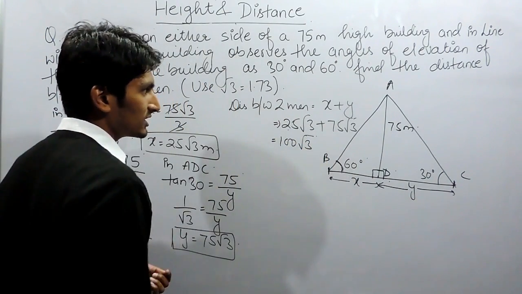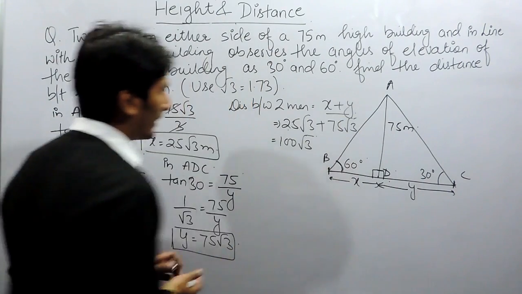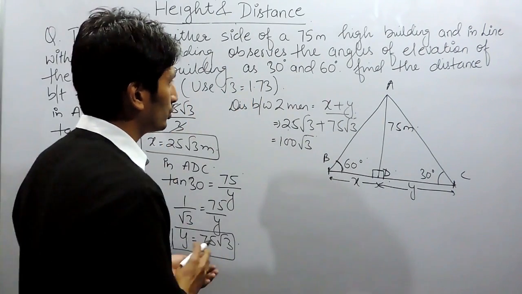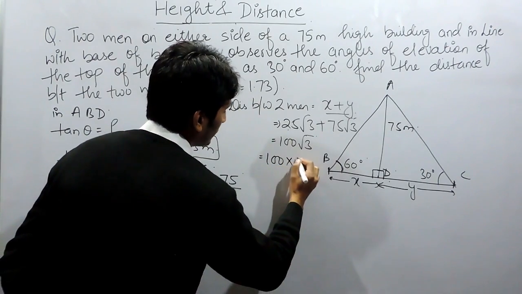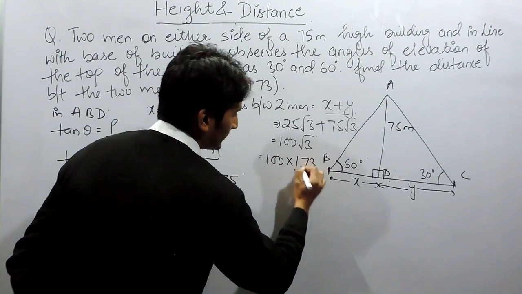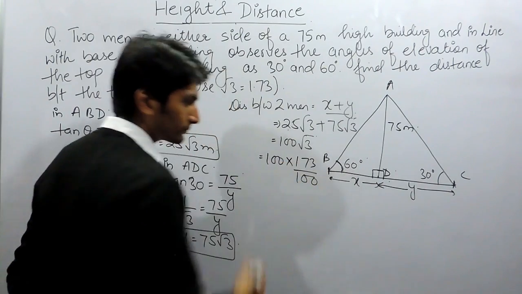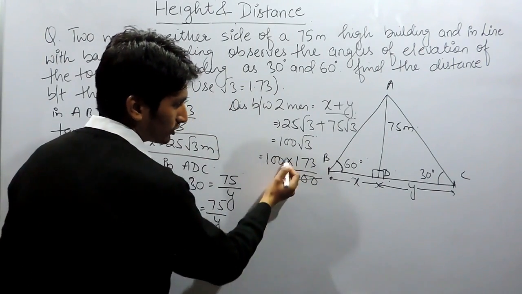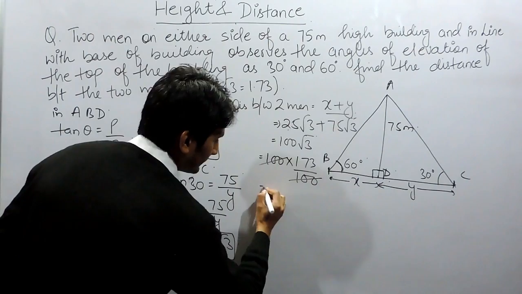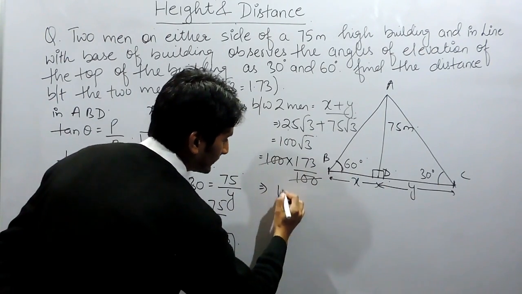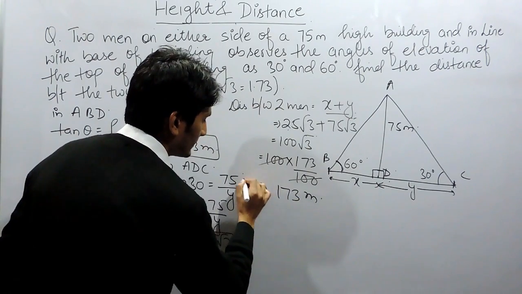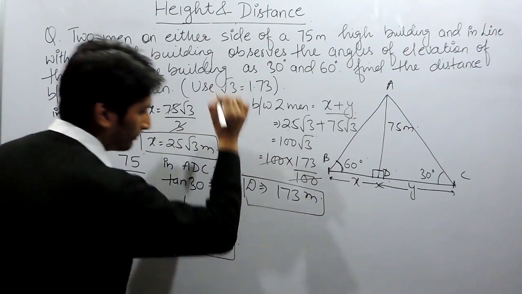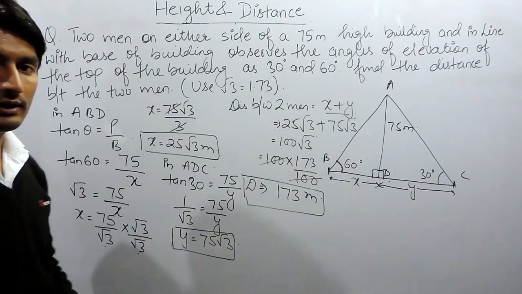This must be the distance between these two men, and here you have to use the value of root 3 as 1.73. Replacing root 3 by 1.73, the value must be 173 meters. So the distance between the two men is 173 meters.